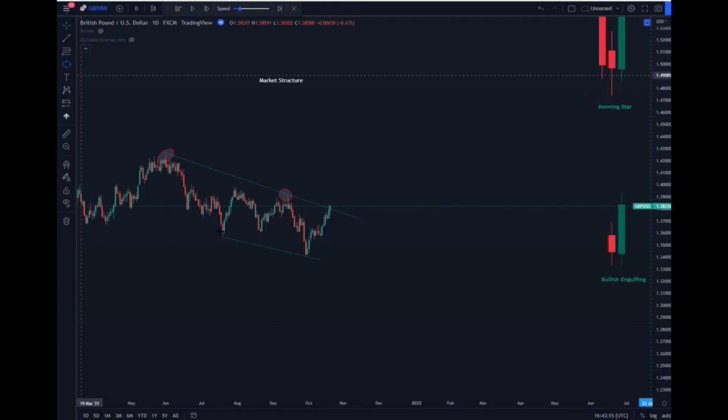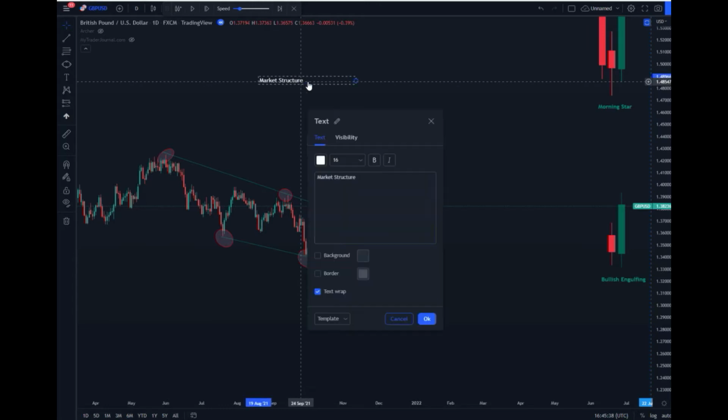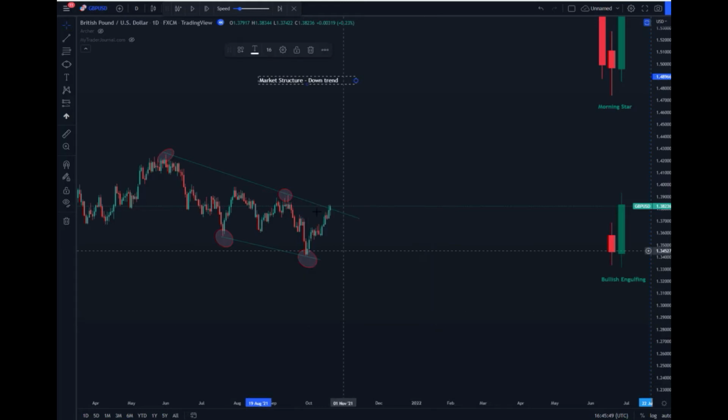And obviously here you have lower lows. So as long as we're making lower lows, we're still intact in this downtrend. So market structure, for now, we're in a downtrend. So basically we're looking for only sells.